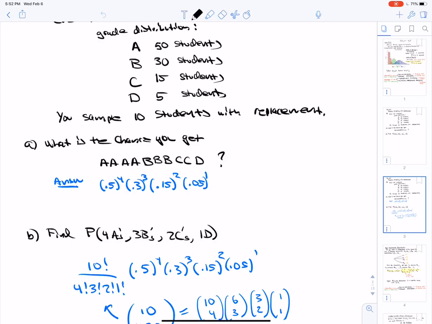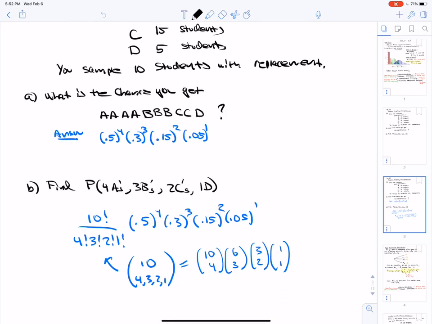Now, when you want to find the probability of 4 A's, 3 B's, 2 C's, and 1 D in any order, we know that we have 10 factorial permutations of 4 A's, 3 B's, 2 C's, and a D above.